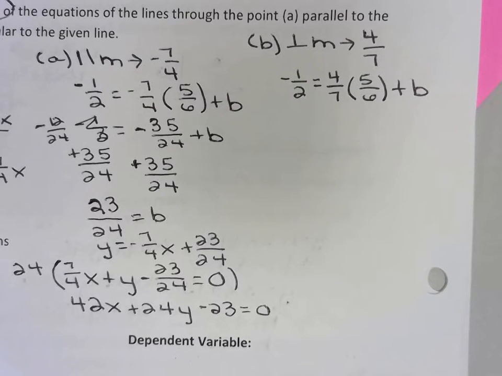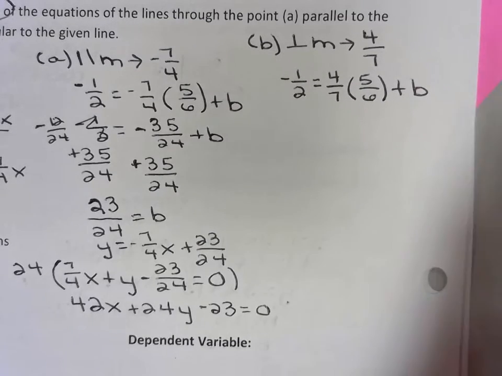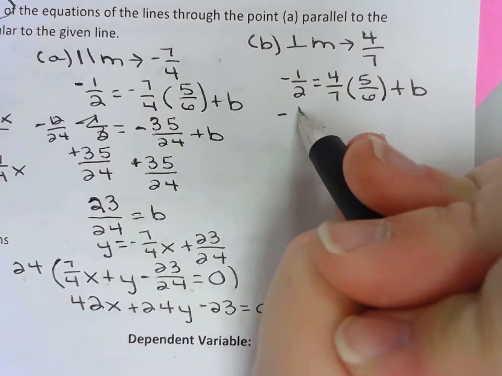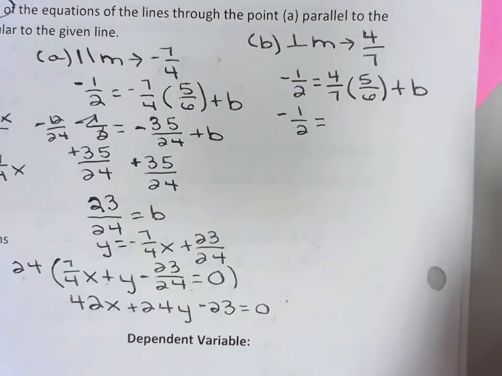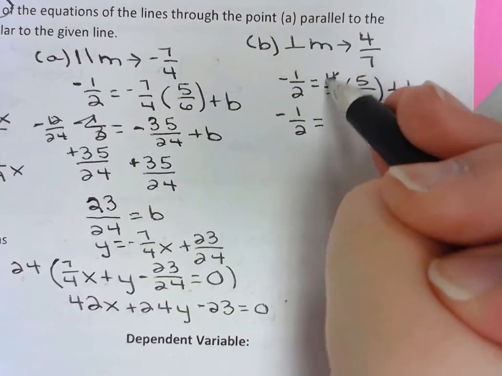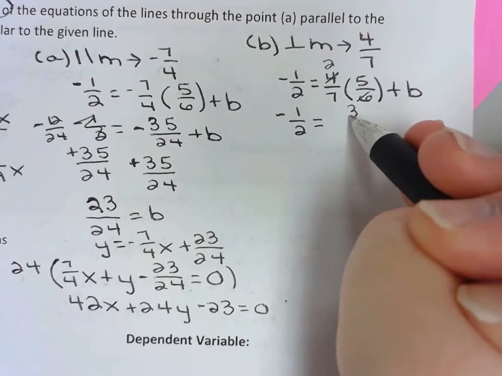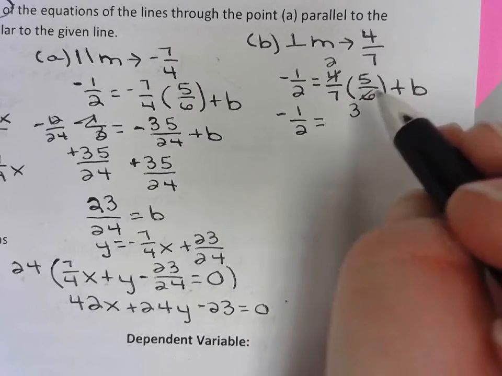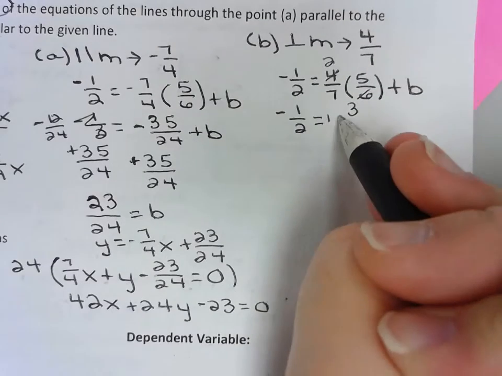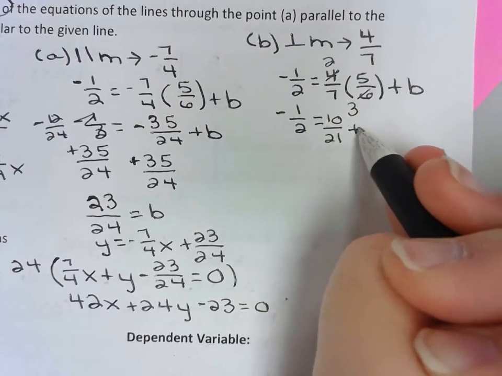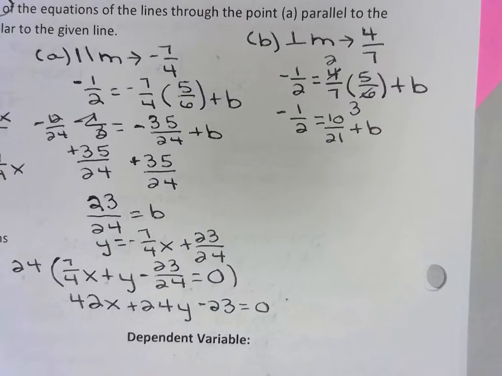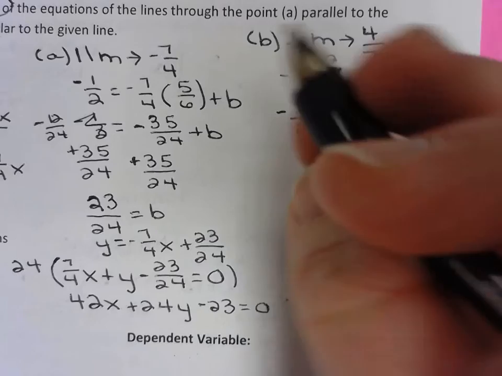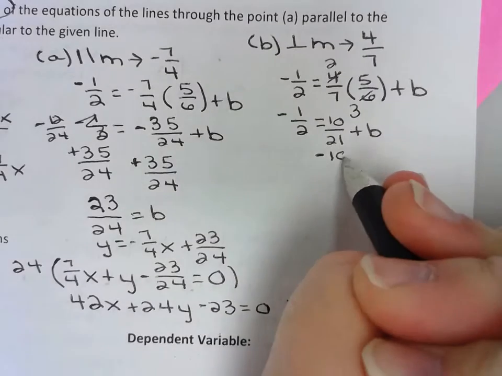Okay, solve for b. So let's go ahead. We can reduce a little bit. 4/7 times 5/6. 4 will become a 2. 6 will become a 3. So I'm left with 10 over 21 plus b. Let me know if you have questions. Subtract 10 over 21.